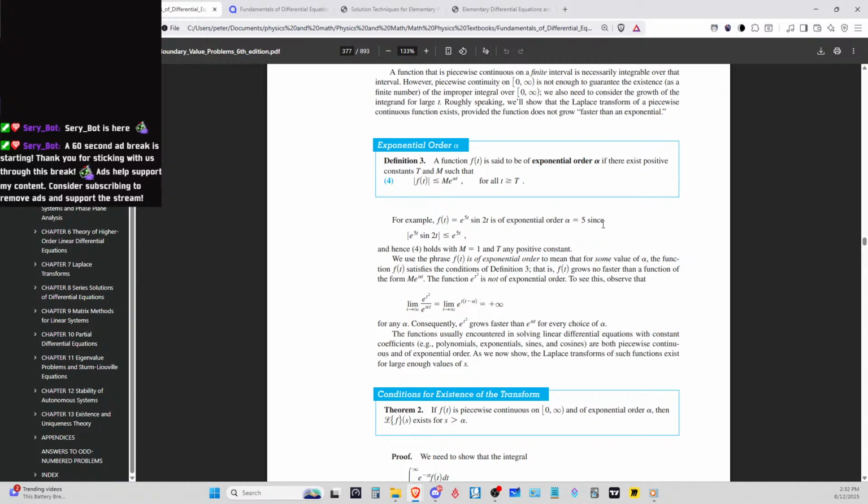This is something we can look at. So it's less than or equal to. It holds when m is 1, and then t for any constant.